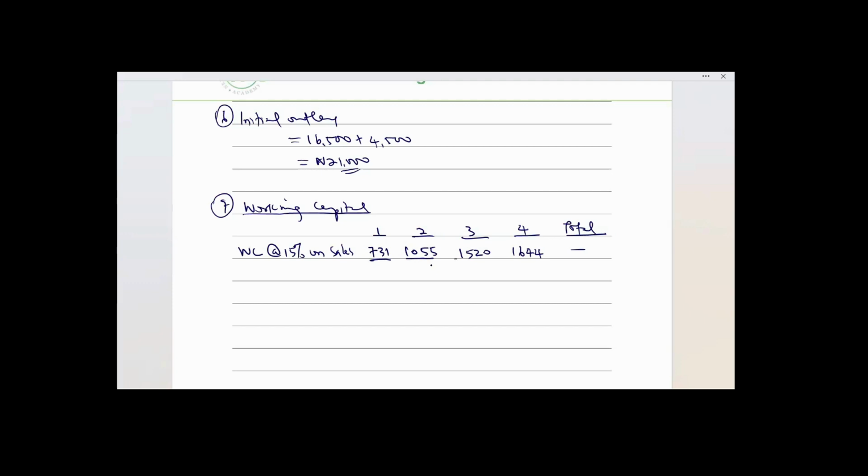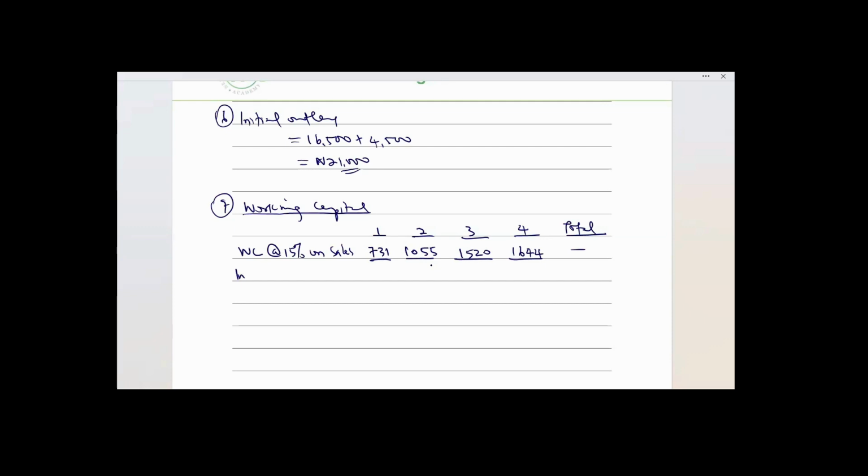Remember, based on our explanation on the relevant cash flow, we said that when there's incremental working capital, only the increment should be considered, and it should be treated as cash outflow in the year before the year of occurrence and recovered fully at the end of the useful life.